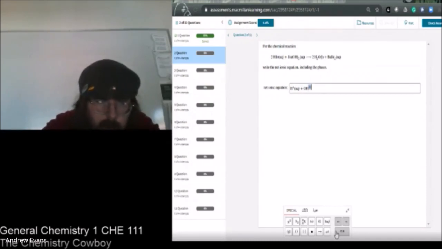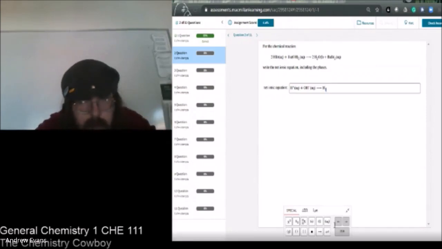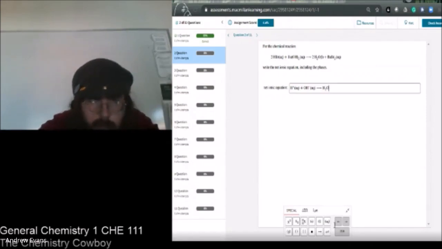Almost all acid-base ones can be simplified as H plus and OH minus goes to H2O.